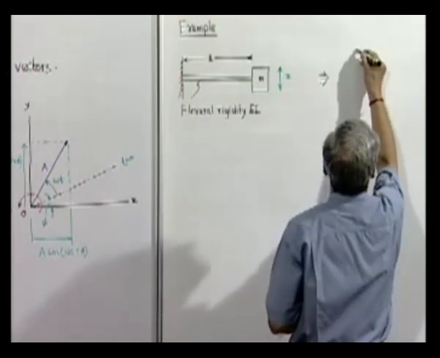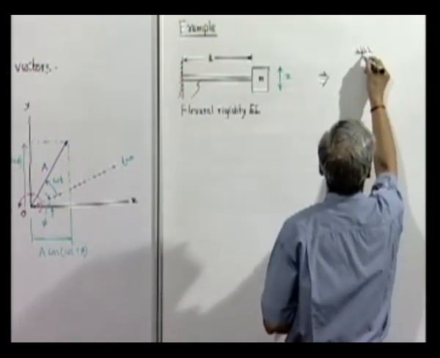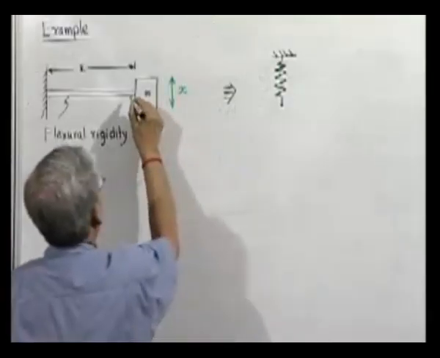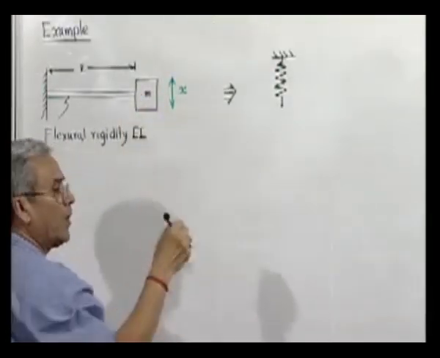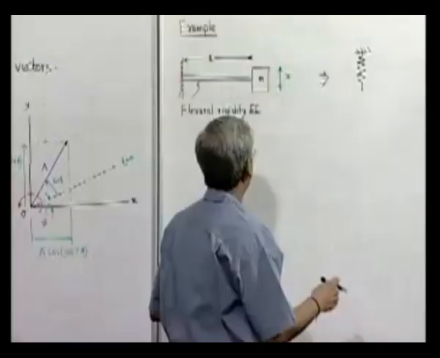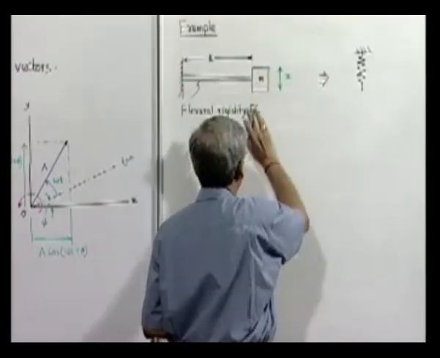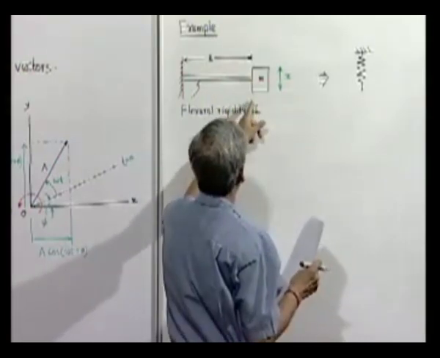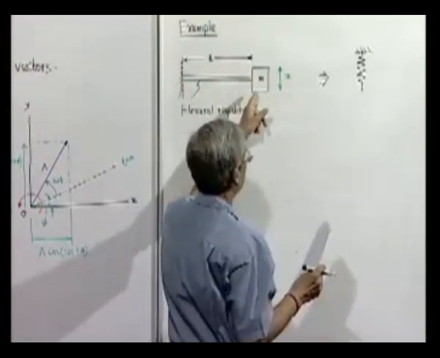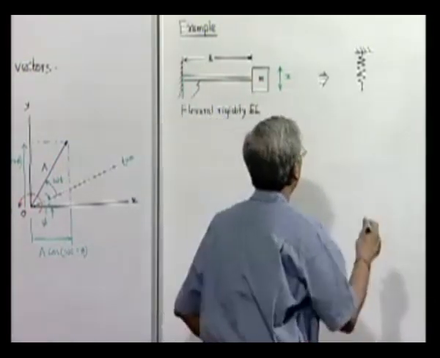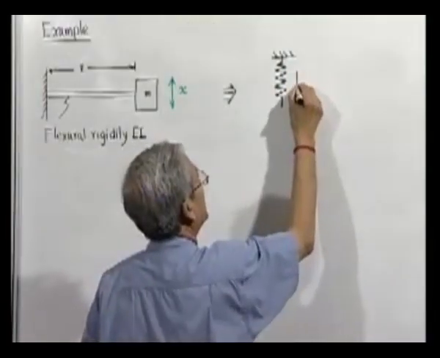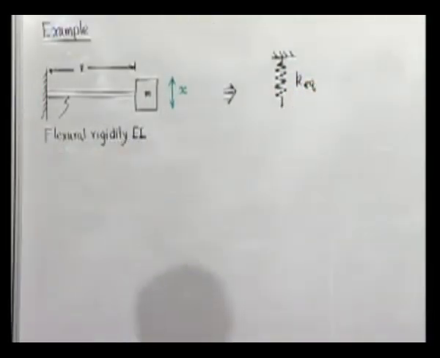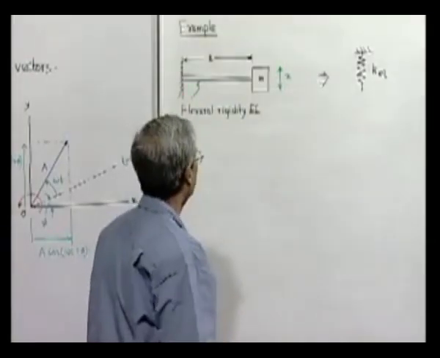We can take the cantilever beam's end, which can move up and down, but it is subjected to some constraint force which is proportional to the deflection and multiplied by the stiffness. So therefore, we can represent it by an equivalent massless spring, whose stiffness is simply K equivalent.